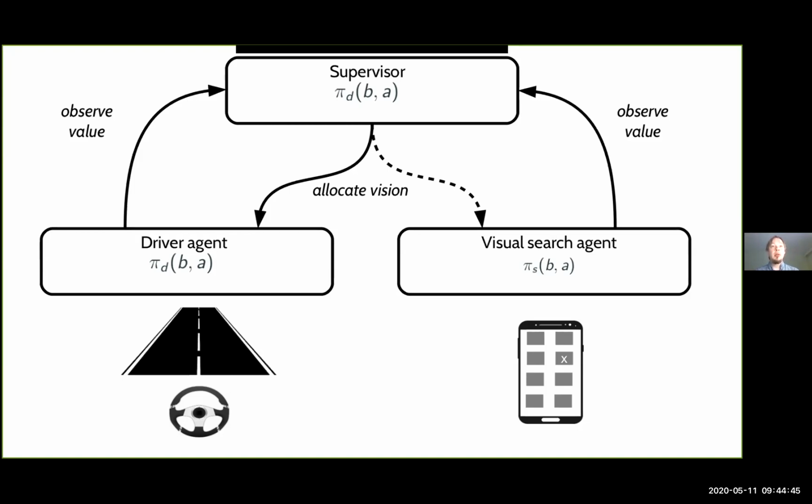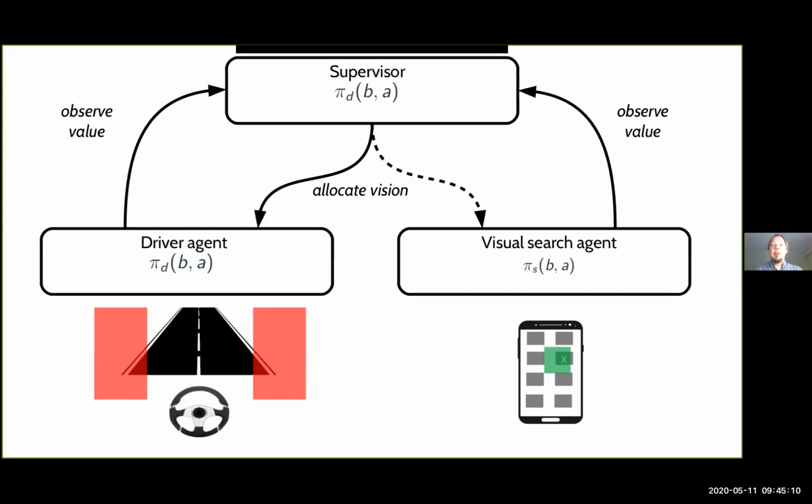When the values of the driver are going down, it knows that the driver agent is now very uncertain of the current road position, and the supervisor learns a policy that maps these subtask values into actions that decide which of the agents gets vision.